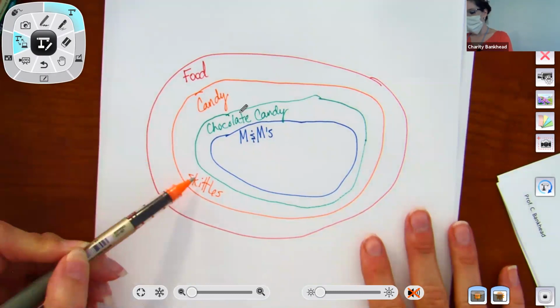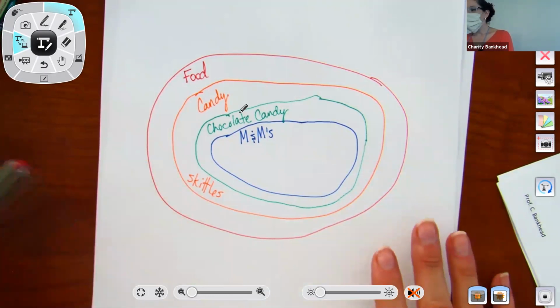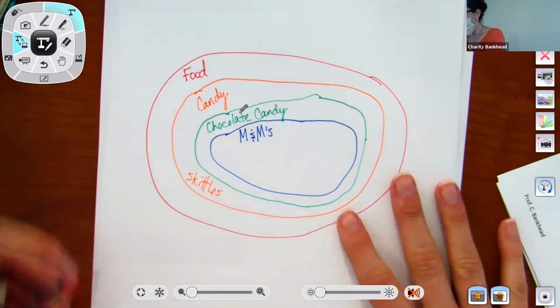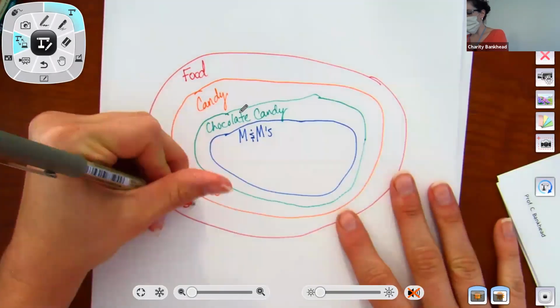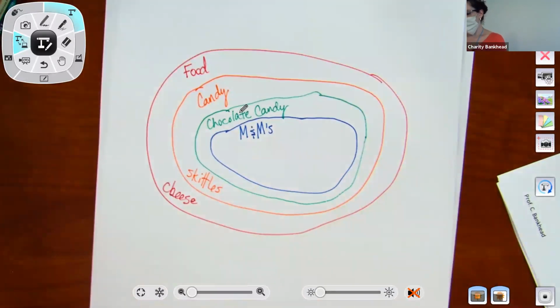Okay, so what if I said cheese? Cheese is a food, but it's not a candy. So just in that circle, right? How about Snickers?